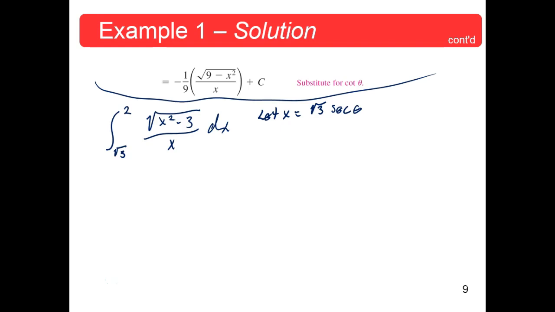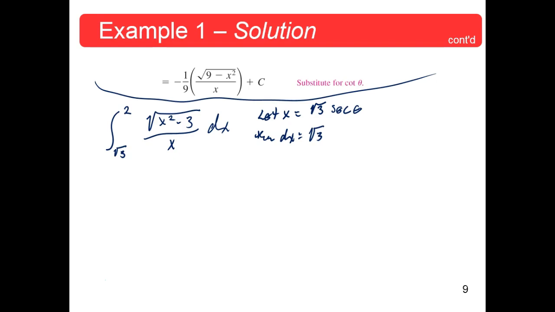What do we always do once we've figured out what the substitution variable is? Then do the dx. Then dx is equal to, anyone remember that one? Square root of 3, I got that part. Derivative of secant.